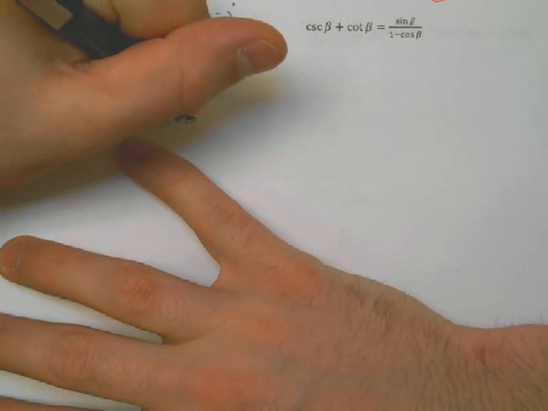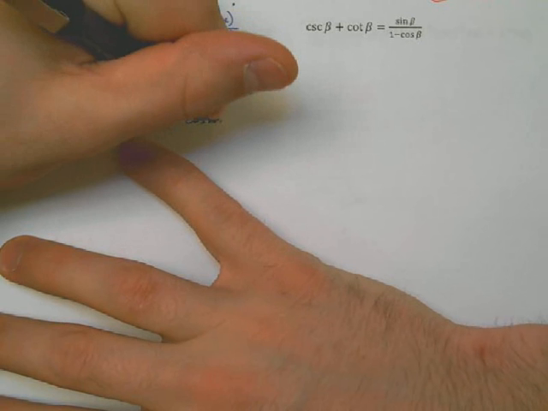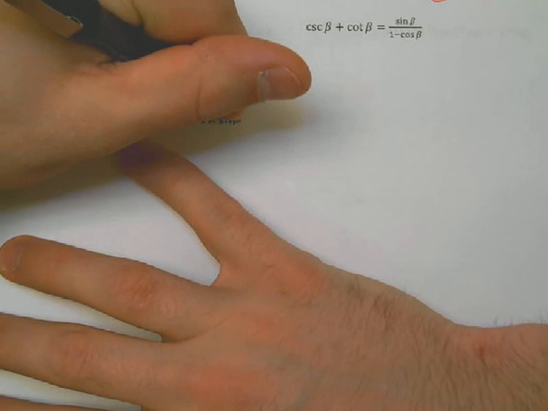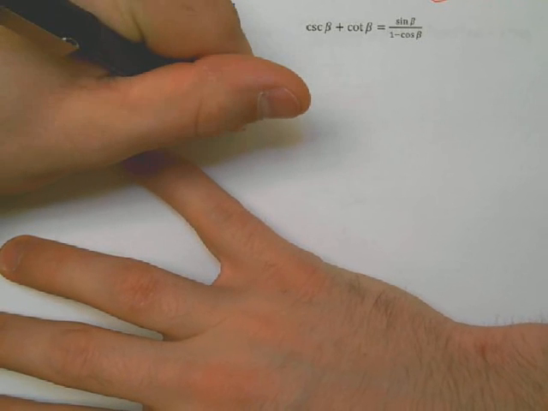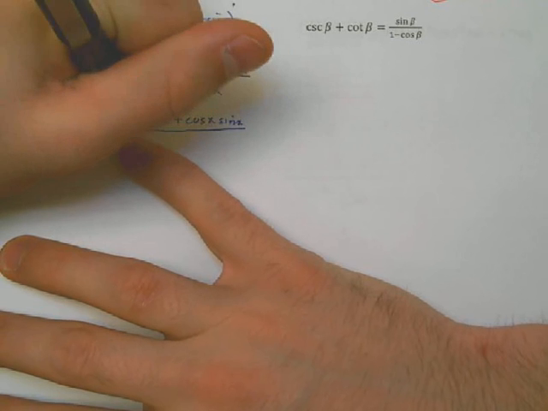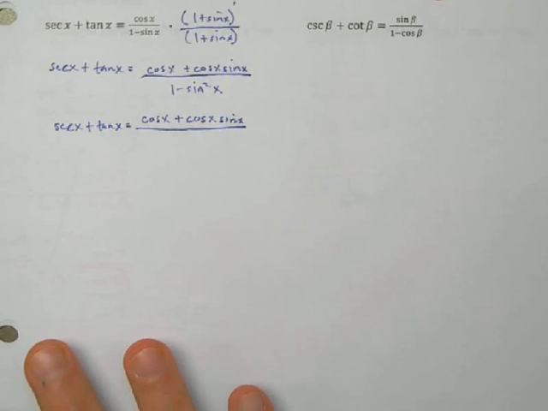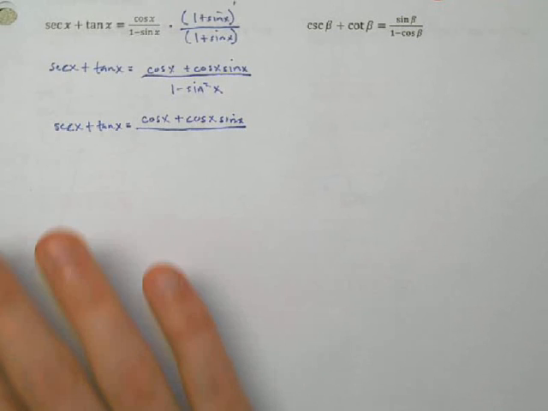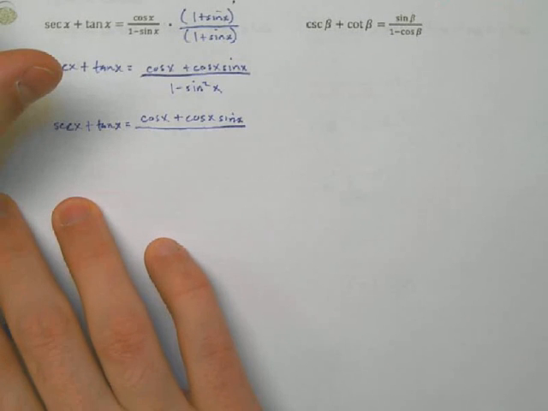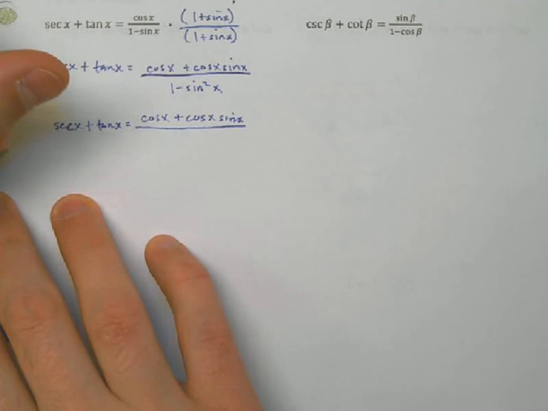I'm left with secant plus tangent is equal to 1 over the cosine left after 1 power of x goes away from the first fraction. On the right hand side, I still have the sine left over on the top, but then I have cosine over cosine squared, which whittles down to 1 over cosine, right? 1 power of cosine goes away.